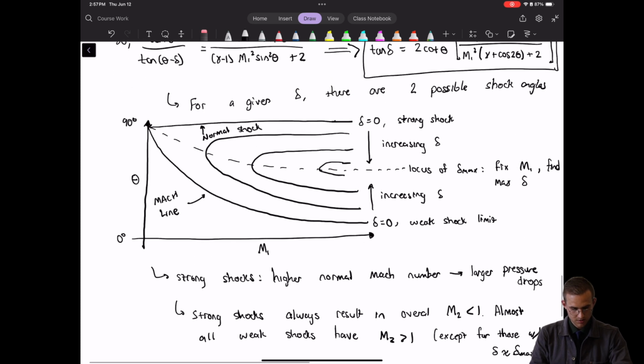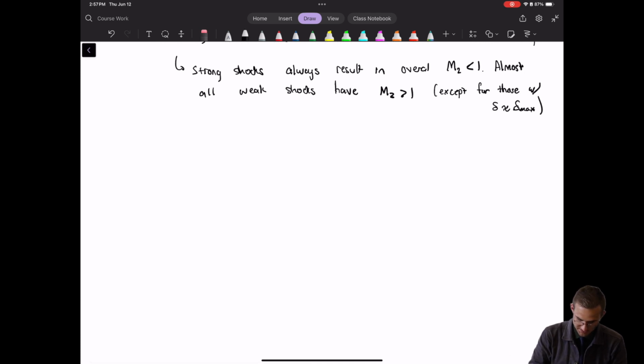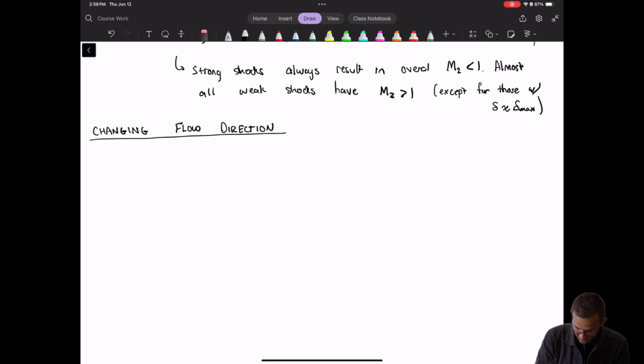So that's our intro to oblique shocks, and we'll talk about those in great detail and use this analysis plenty as we go forward. But now, what I want to talk about is this idea of changing flow direction. Okay, so we talked about how oblique shocks result in a deflection angle, right?